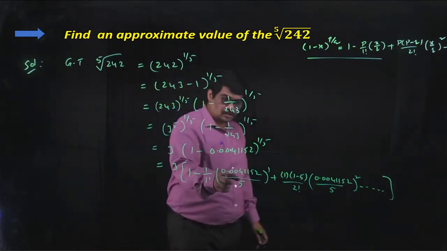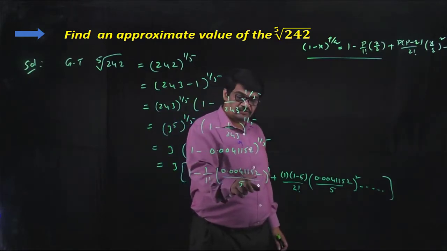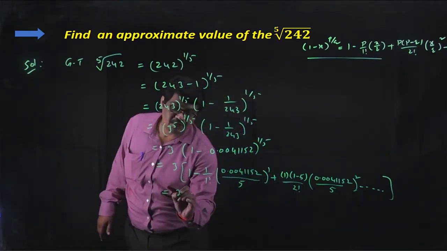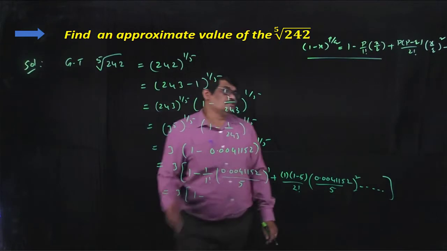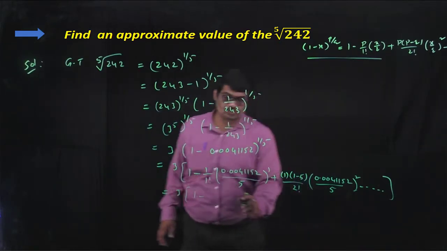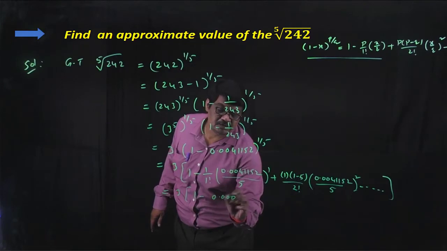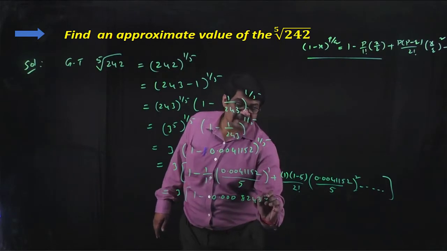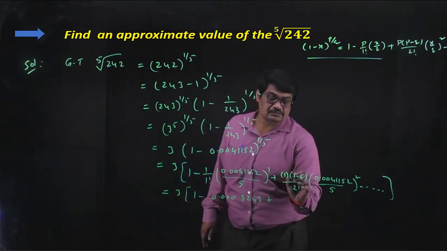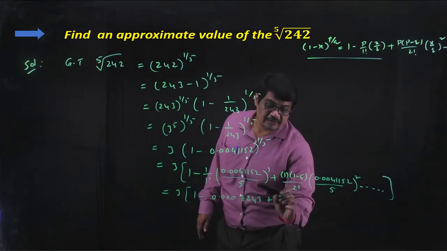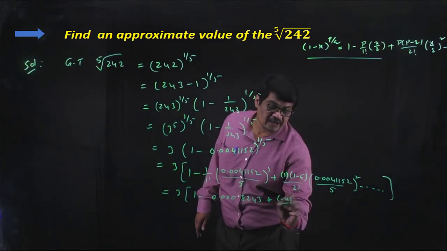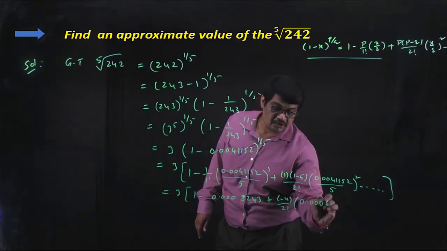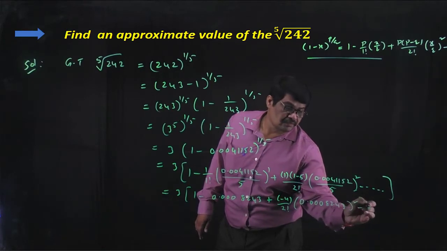So this is 0.00411152 by 5. Now we are finding this value, that is 3 into (1 minus this divided by 5). We are getting 0.00008243, plus here that is 1 minus 5, that is minus 4 by 2 factorial into this value, 0.000823, whole square, minus and so on.